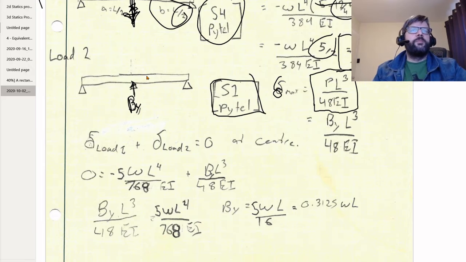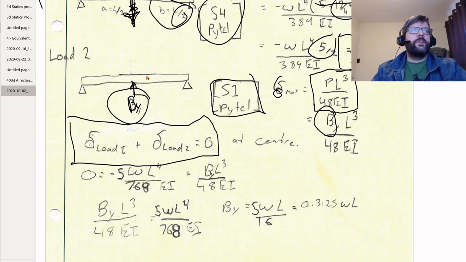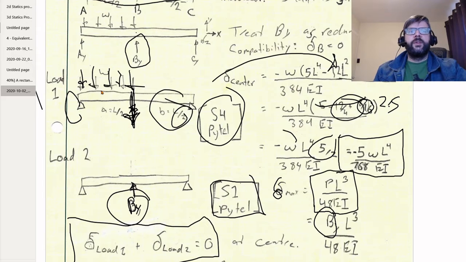Our BY is the P, so just plug that in there. We know that those two displacements, when we add them together, need to be equal to 0. This one is a negative displacement, and this one is a positive displacement.